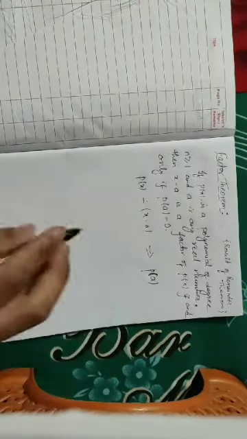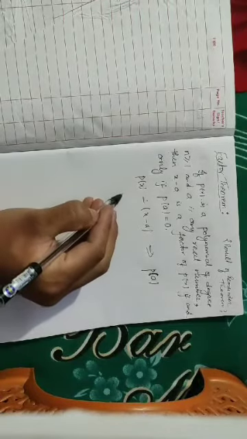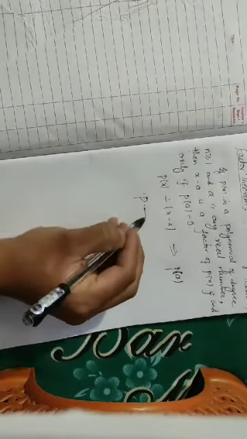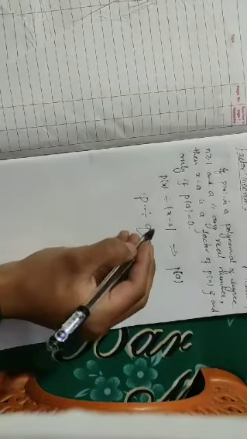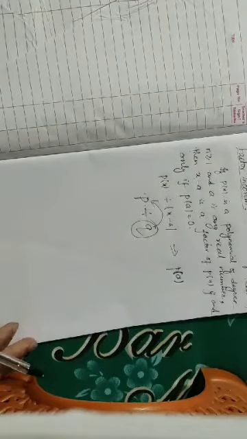The factor theorem is just an extension of the remainder theorem. As we know, suppose I divide p by q, then q will be a factor if p is perfectly divisible by q, isn't it? It implies the remainder will be 0.